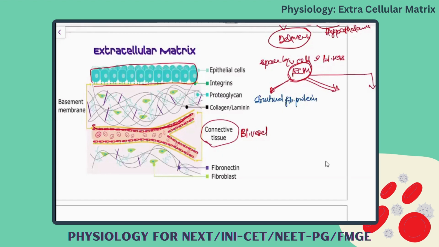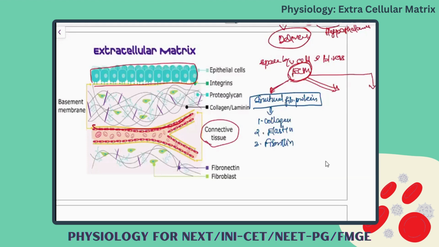This structural fibrous protein includes collagen, elastin, and fibrillin. Is my handwriting clear? Yes? Okay. So the extracellular matrix has 3 major molecules. The first one is the structural fibrous protein, which contains collagen, elastin, and fibrillin.